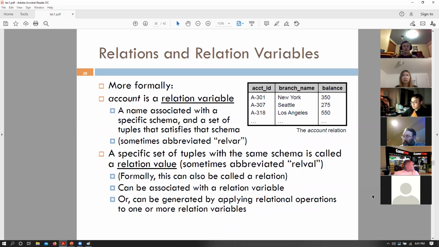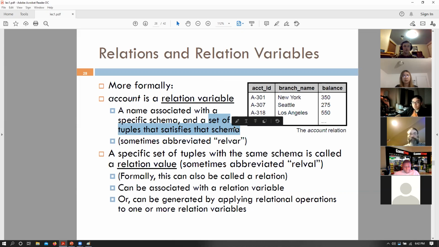Now, what is a relation variable and what is a relation value? More formally speaking, and I know I'm being a bit pedantic, but we need to get these terms right. A relation variable is essentially an instance of a schema, right? In this particular case, account would be a relation variable that explains that this name is associated with a specific schema, and it has a set of tuples that satisfy that particular schema.